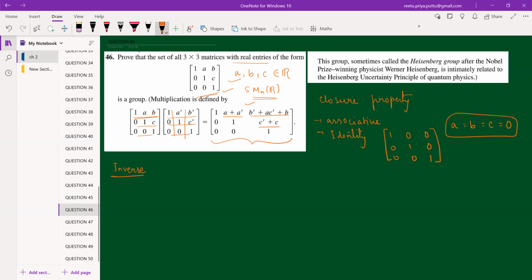Suppose I take A equal to 1 a b, 0 1 c, 0 0 1.